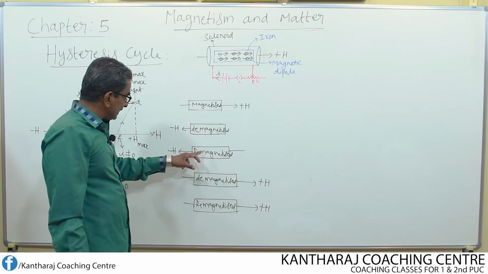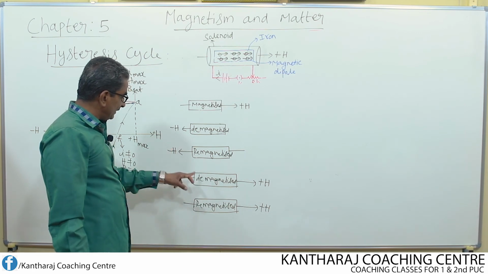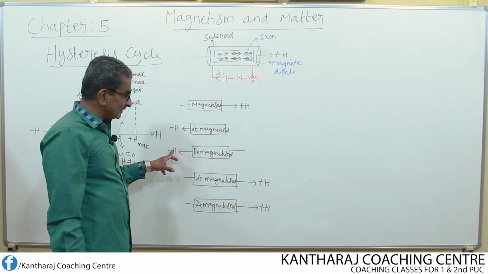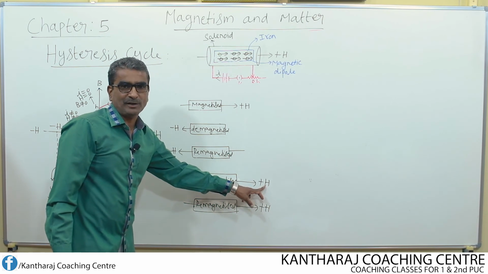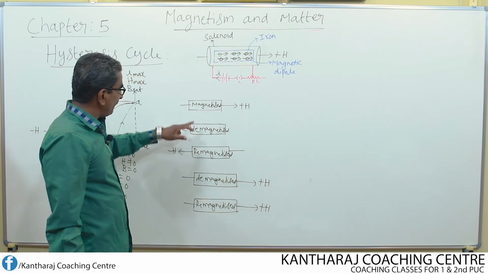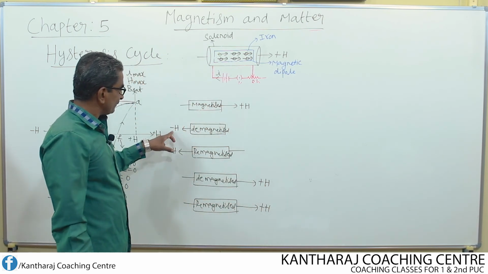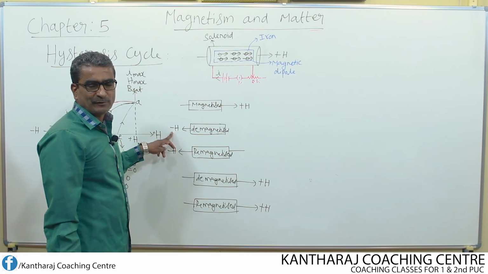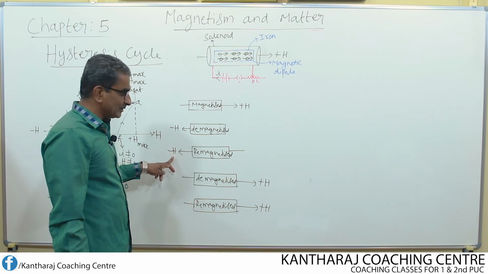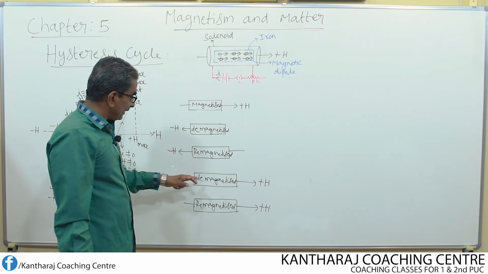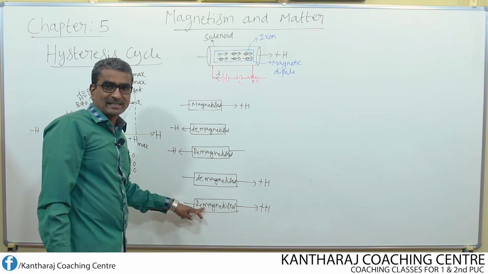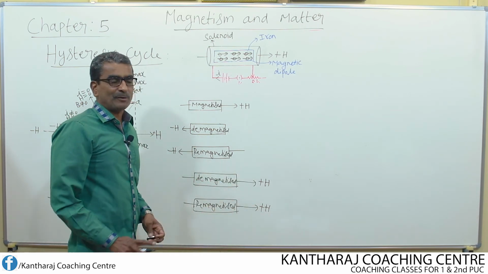If we remagnetize in the same negative field, then to demagnetize this we have to apply the positive field. So that is what we have followed: magnetized in the positive direction, demagnetized by applying negative field, remagnetized by making use of the same negative field, then demagnetize and remagnetize once again by applying the positive field.